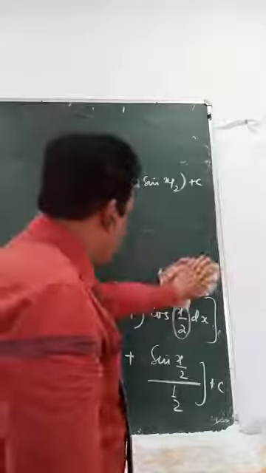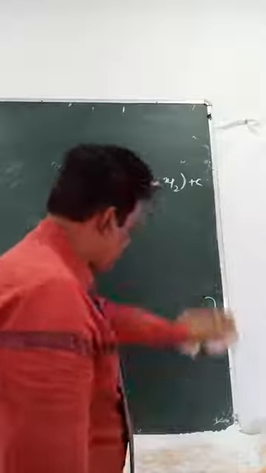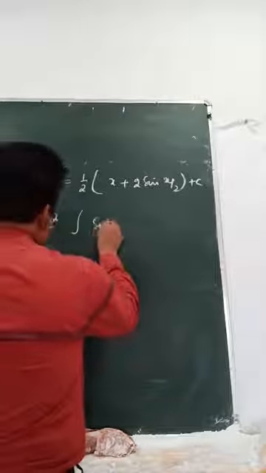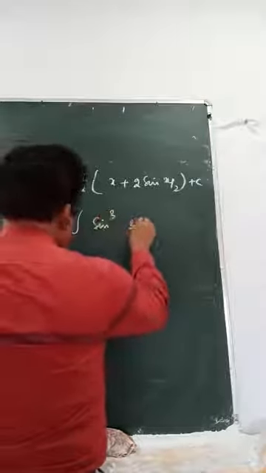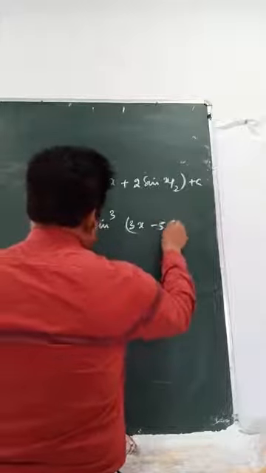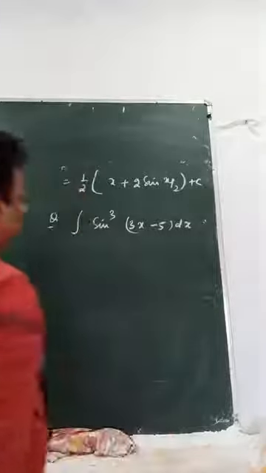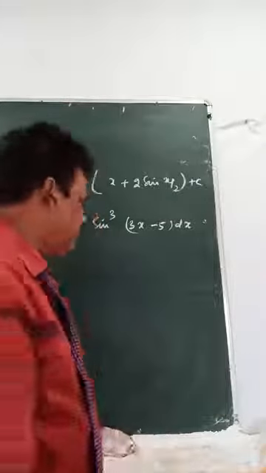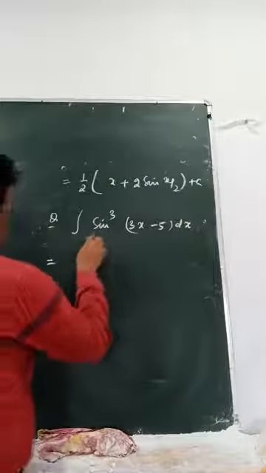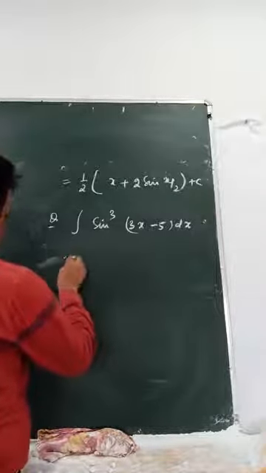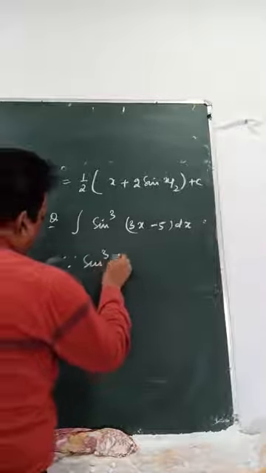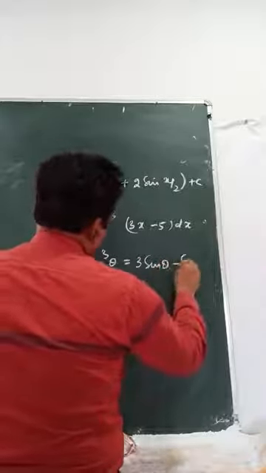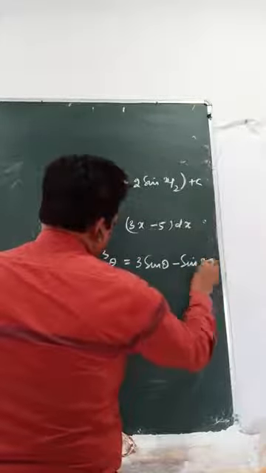Look at another one. If you get sine cube 3x minus 5 dx, suppose. Again, sine has a power. You have to remove it. How to remove? Now this is which formula? Sine cube theta is 3 sine theta minus sine 3 theta by 4.